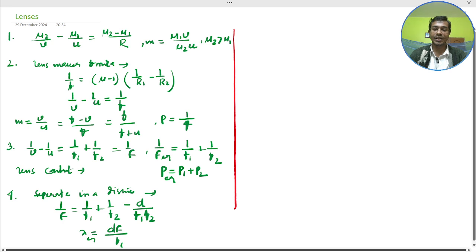So next one, position, size and nature of the image formed by the convex lens. I just draw one, that between infinity and 2f.